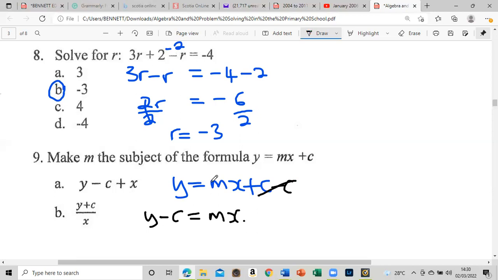So now we want to make m the subject. So we need to get rid of the x. Now this is multiplying. So what's the inverse of multiplying? Somebody type that to me now, please. What's the inverse of multiply?